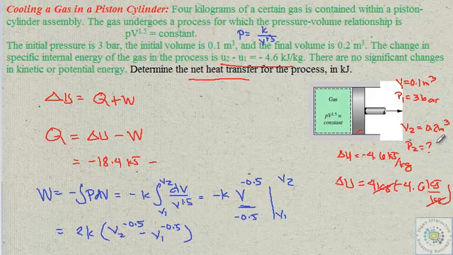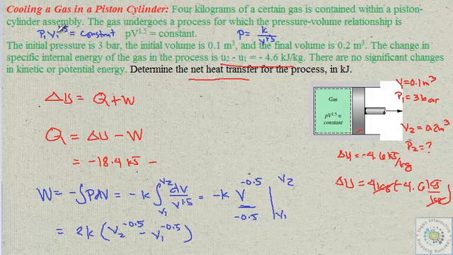V2 is known, 0.2, and V1 is known also, 0.1, and the only problem will be K. How do we evaluate K? Since K is a constant, we can simply use P1 V1 to the 1.5, which equals that constant. You could use P2 and V2, but you don't know P2, so we cannot use that.